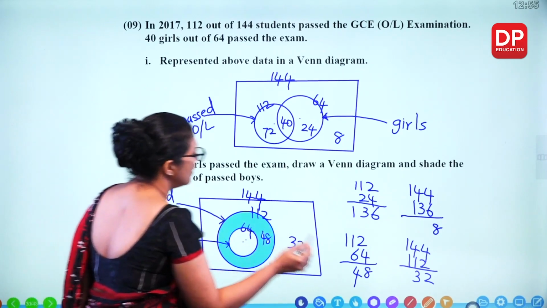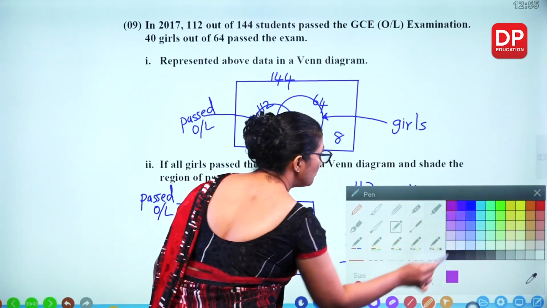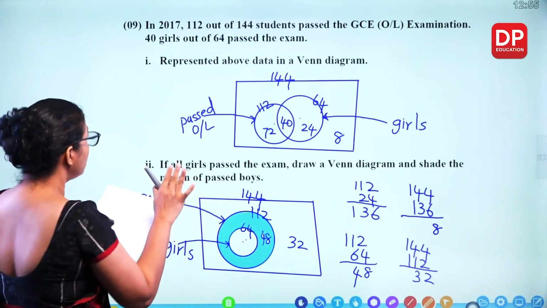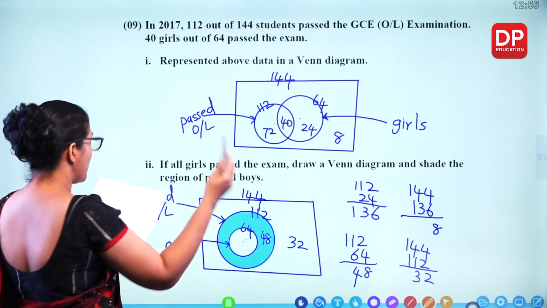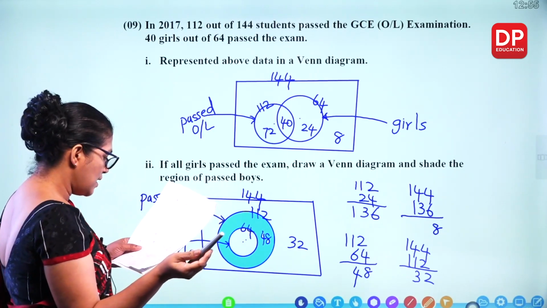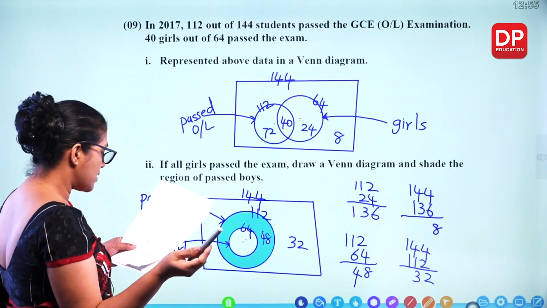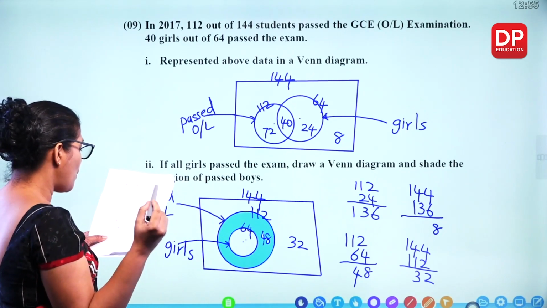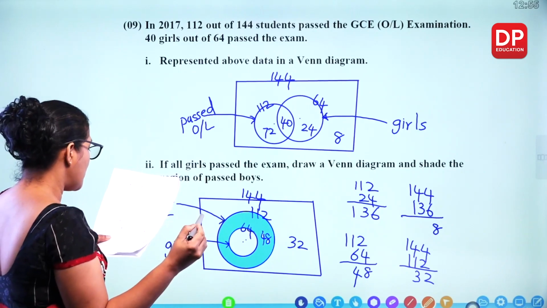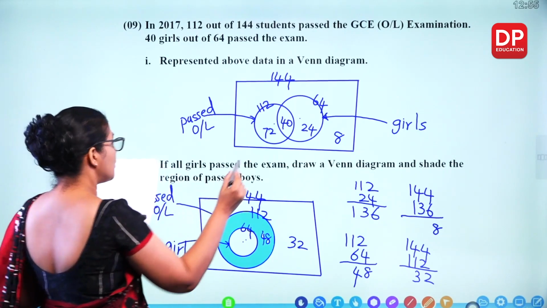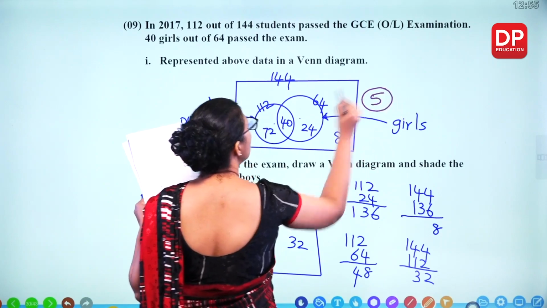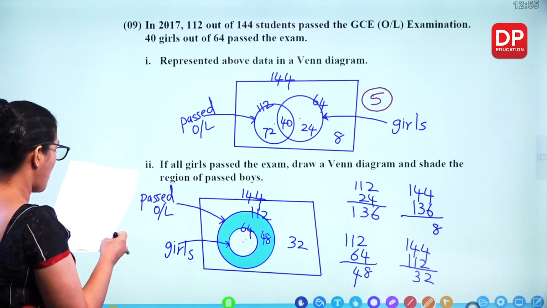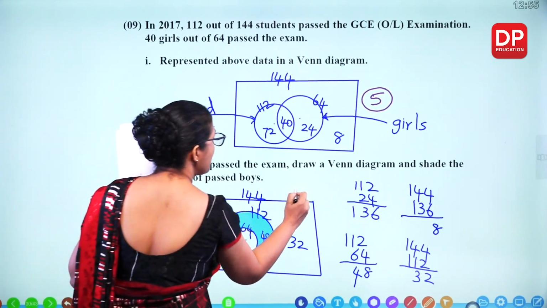So we'll give marks for these two. So this is not the last, you get another part. We'll give marks for these steps: 144, 8, 24, 72, 40. So you get 5 marks here for the first step. And shading this region, that's 3 marks.